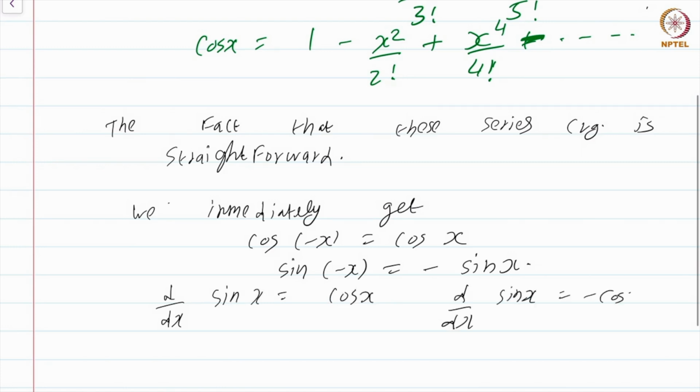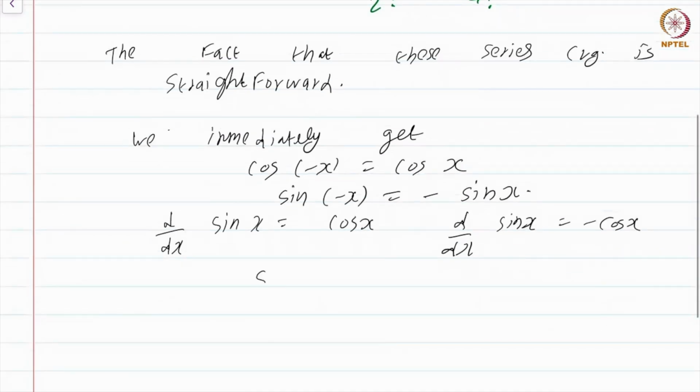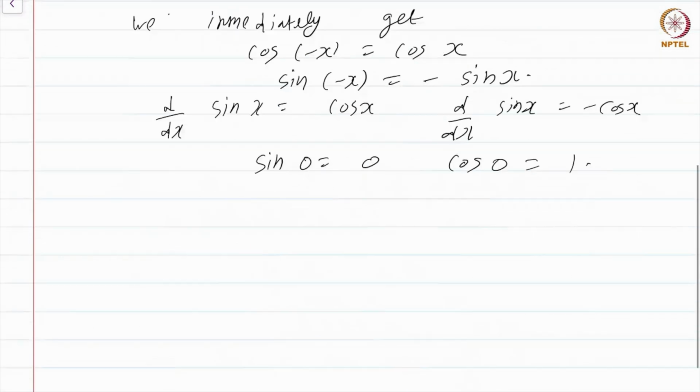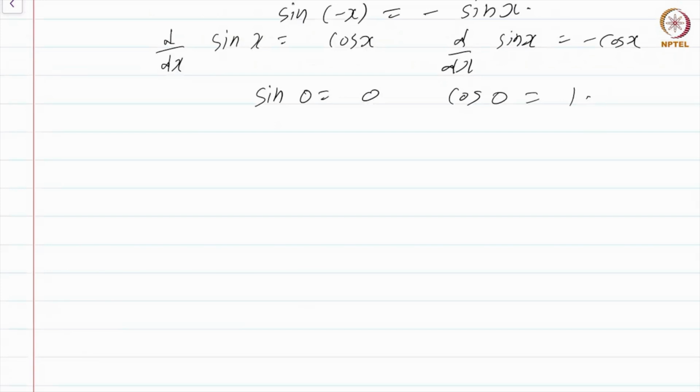These two come just by term by term differentiation. We also get, before I forget, sine 0 is 0, cos 0 is 1. So some of the basic properties of sine and cosine can be immediately read out just by looking at the series. Now let's go for some deeper properties.